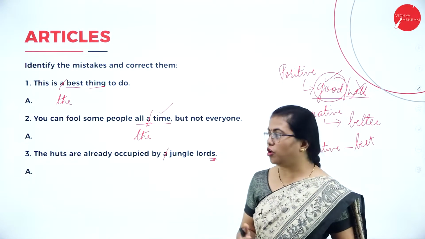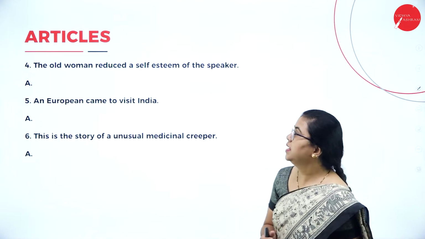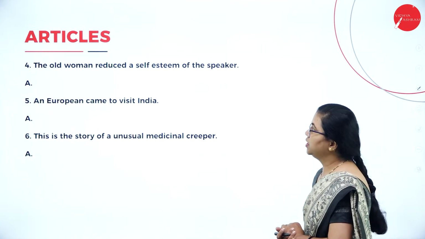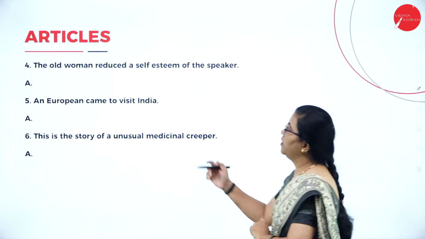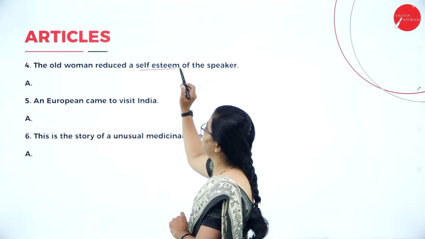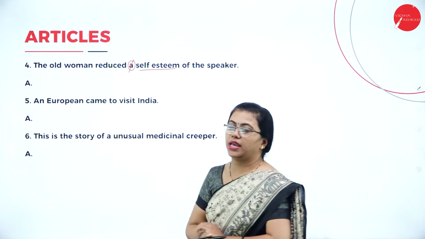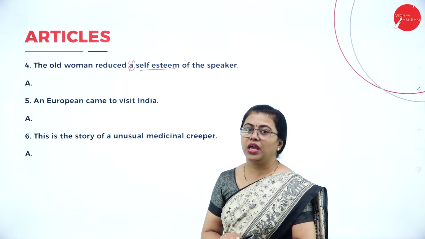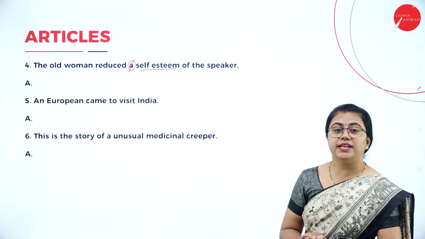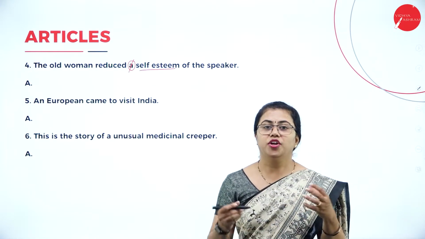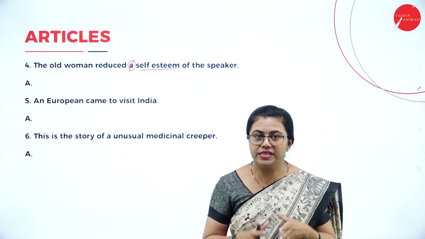So let us move on to the next part. The old woman reduced a self-esteem of the speaker. Whenever you are talking about self-esteem, you should not use any indefinite article, because that is an abstract noun. You're talking about something which cannot be seen.